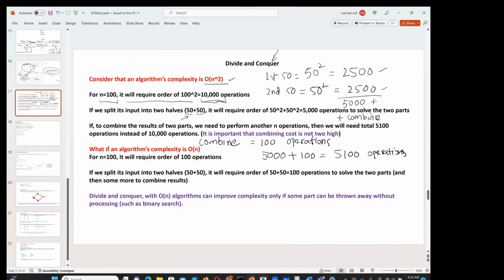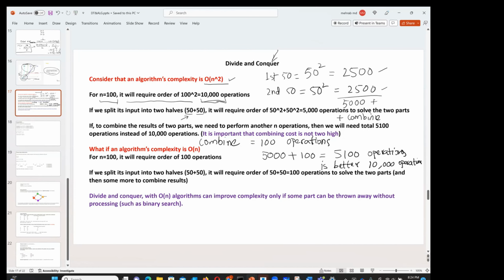So can I say this is still far better than the initial 10,000 operations? I am dividing it into two parts and then combining the results from the two parts, and these took, say, 5,100 operations. Is it still better than the initial 10,000 operations? Yes. Okay, so this is an example.